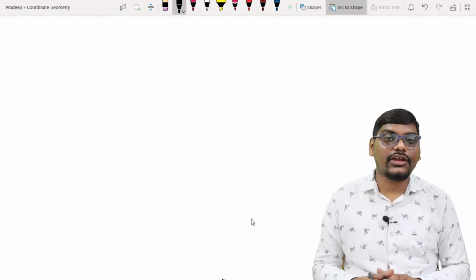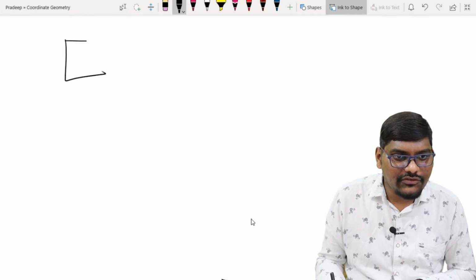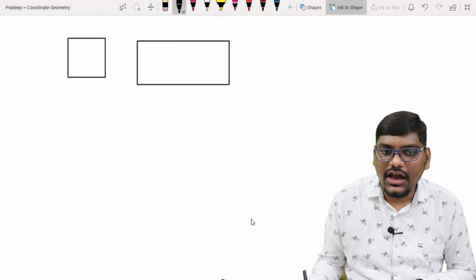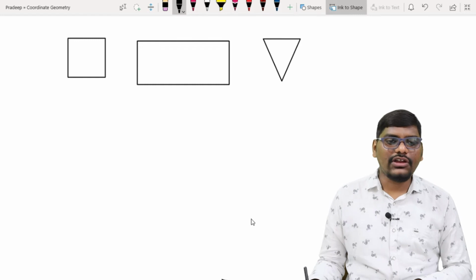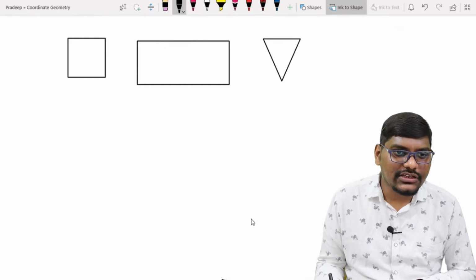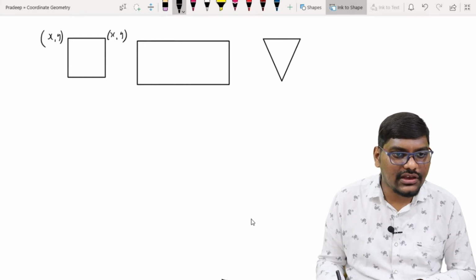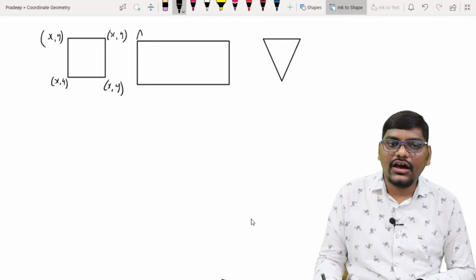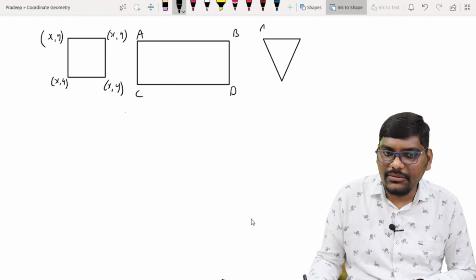Using the distance between 2 points formula, actually we are finding out many things. Suppose we take a square, or a rectangle, or some other triangle or something, whatever you take, all these particular things will definitely have coordinates, that is x, y coordinates. So definitely we will represent all these coordinates with some variable.